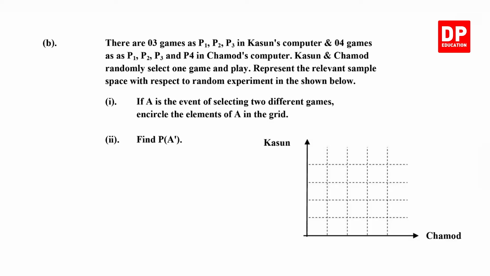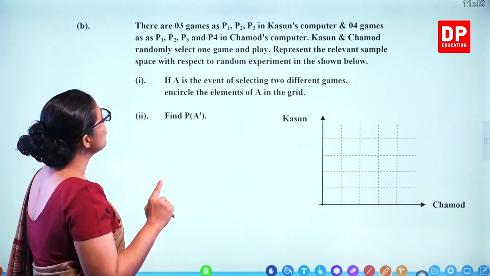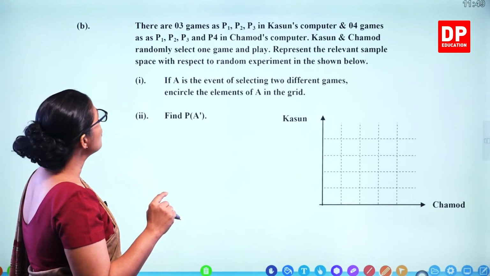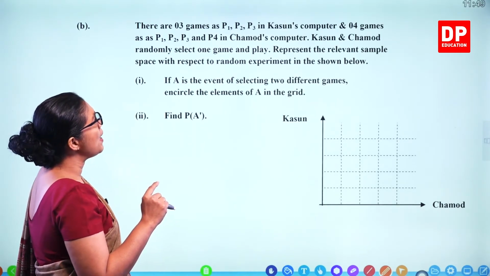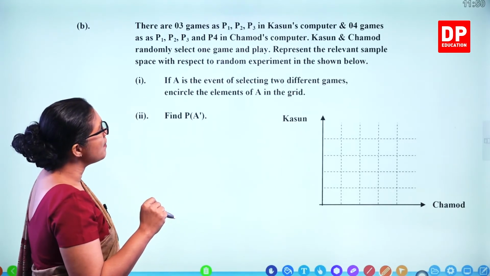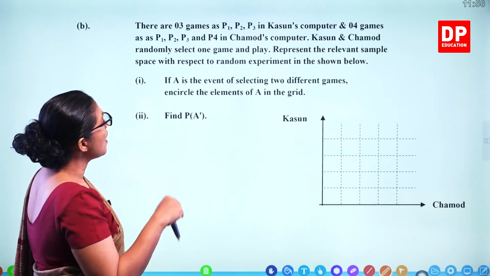Now let's see part B. There are 3 games as P1, P2, P3 in Kasun's computer and 4 games as P1, P2, P3, P4 in Chamod's computer. Kasun and Chamod randomly select one game and play. Represent the relevant sample space with respect to random experiment as shown below.